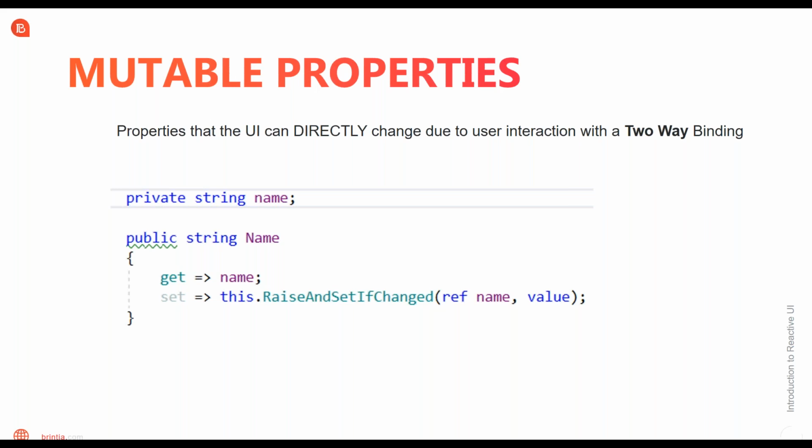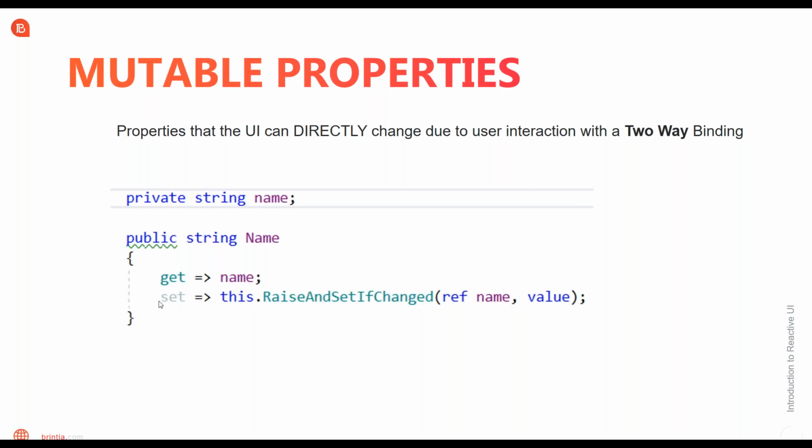And fear not, these are the classic properties with both getter and setter. So it will be almost the way you already defined the properties in the view models. It has a backing field here. You see the backing field, and in the getter we are just retrieving it.